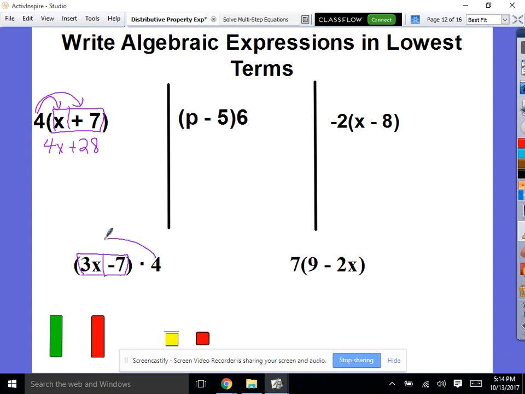This says times 4, so 4 times 3x is 12x. 4 times negative 7 is negative 28. 6 times p, or 6 times 1p, is 6p. 6 times negative 5 is negative 30.